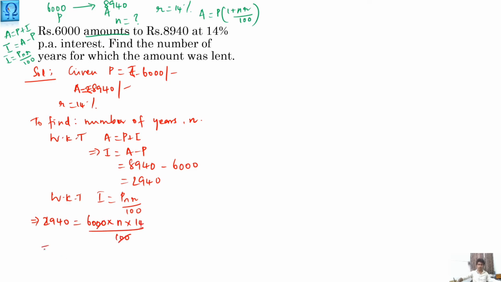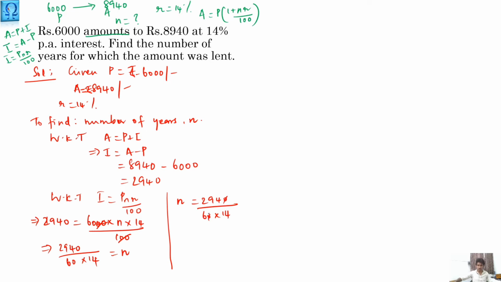Therefore, when you keep n alone on this side and take everything else to the other side, you have 2,940. The 60 is in the numerator, hence it comes to the denominator. Similarly, 14 is in the numerator, hence it comes to the denominator. So now n is 2,940 upon 60 into 14.